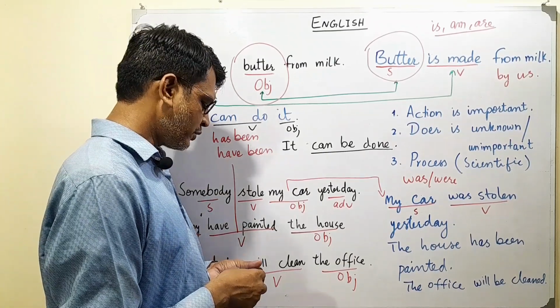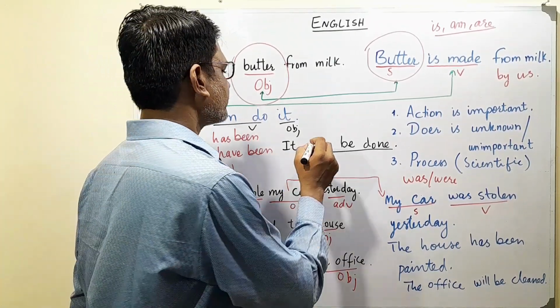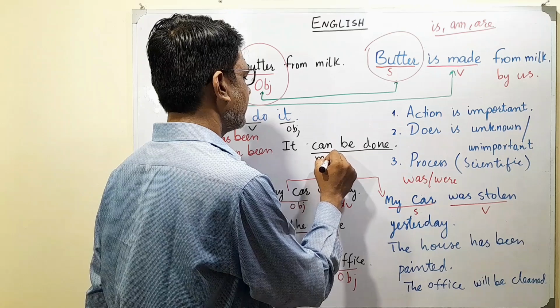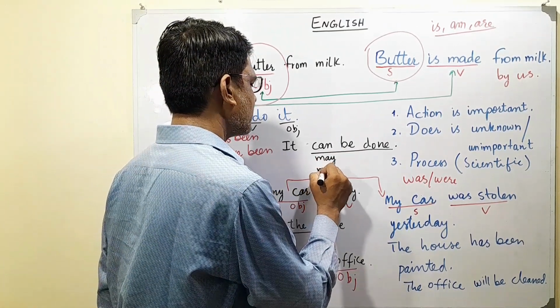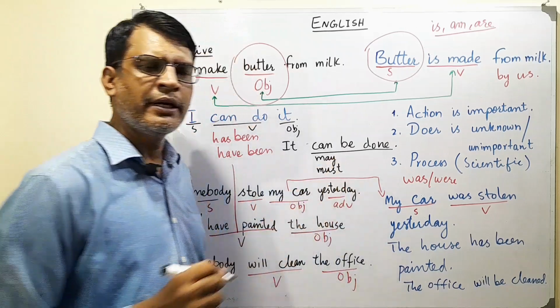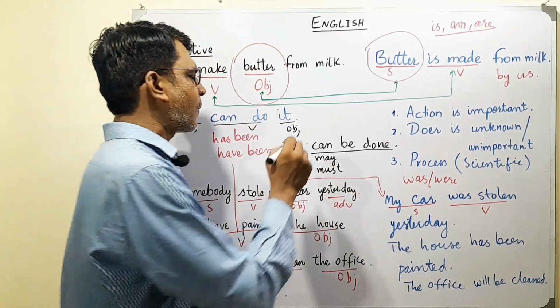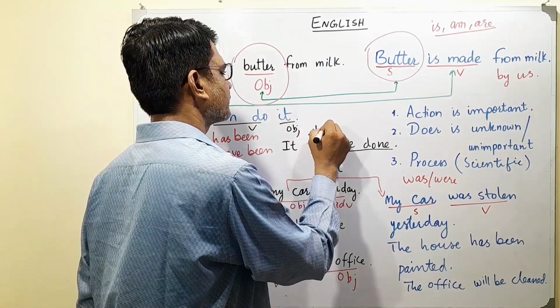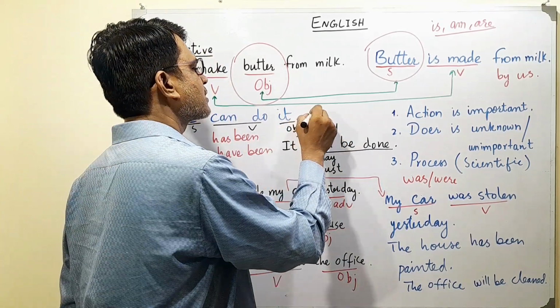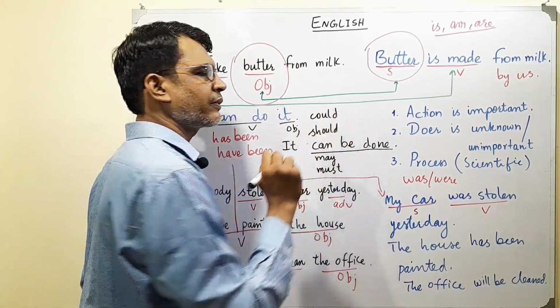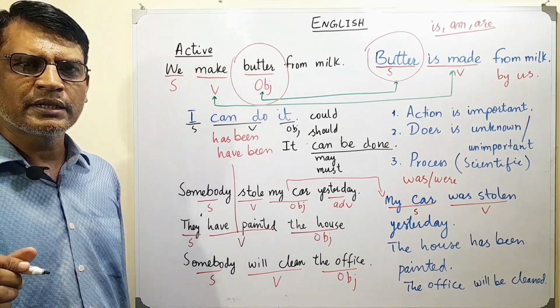If I'm using, for example, may, it will be it may be done. If I'm using must, it will be it must be done. If I'm using should, this will be it should be done. If it is could, it will be it could be done.